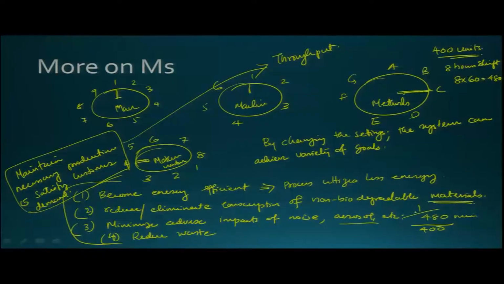Or, in other words, if you find out within how many minutes you should make one product, you take the inverse of this ratio, and you will get that value as well. So then this is the throughput that you need to maintain. If you have to maintain the throughput to satisfy your demand, then how can you maintain it? By achieving all these environmental initiatives, which is one of the major aspects of sustainable manufacturing.